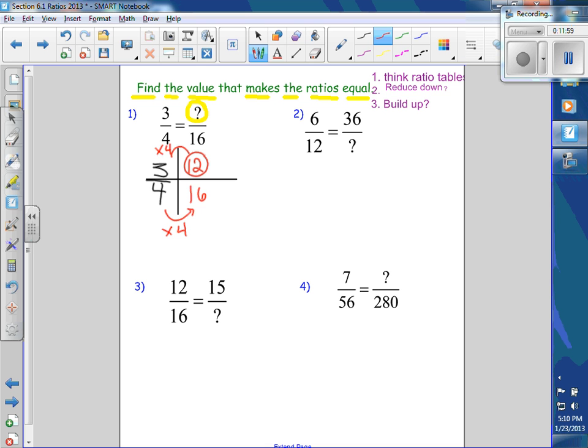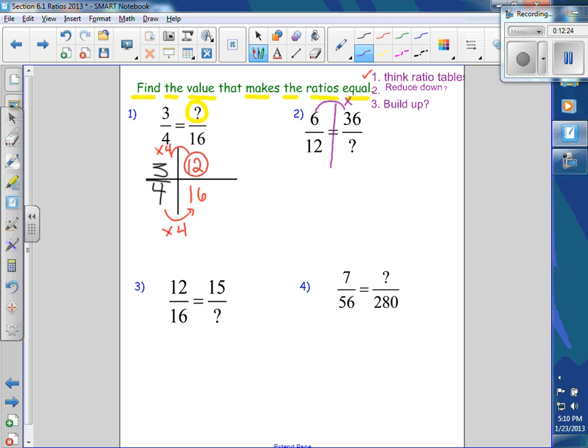So all I had to do for number 1 is think about a ratio table. Think about reducing fractions. Number 2, you don't have to do a ratio table. The other option is just to use your math skills, and in the fraction problem without a ratio table, just think, how do you get from 6 to 36?